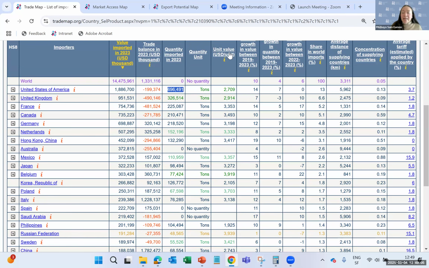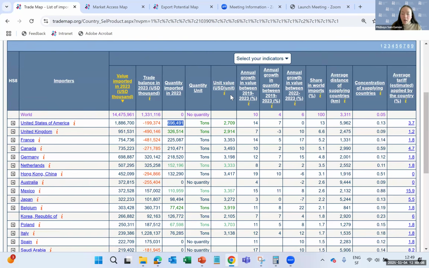But what happened is that in this particular column called the unit value is a simple math of the value here divided by the volume here. Then you get the unit value, which is the average across different types of packaging. It could be in bulk, in liters. It could be the sauces in liters, or it could be a sauce in a glass bottle ready for consumption.